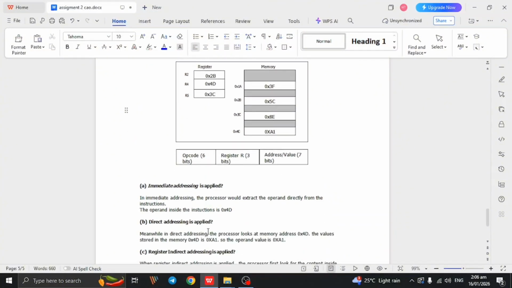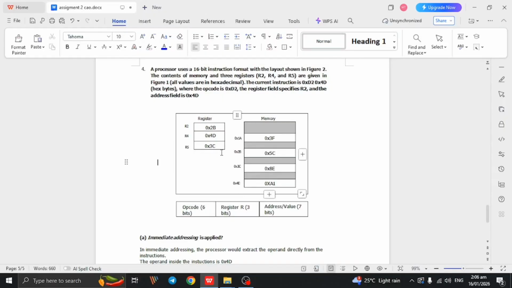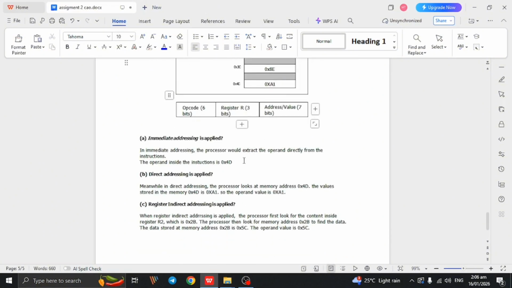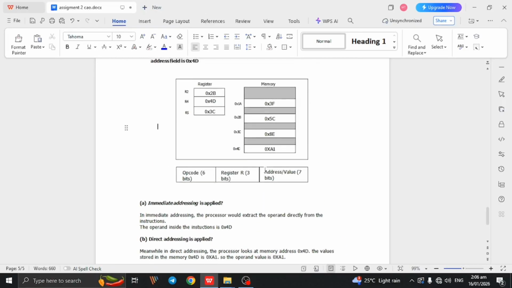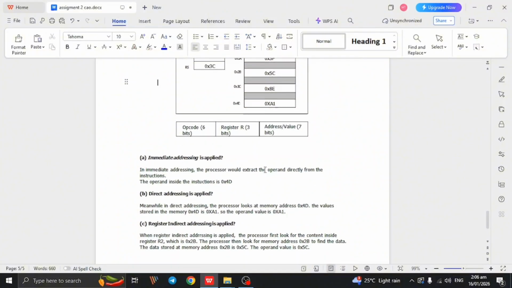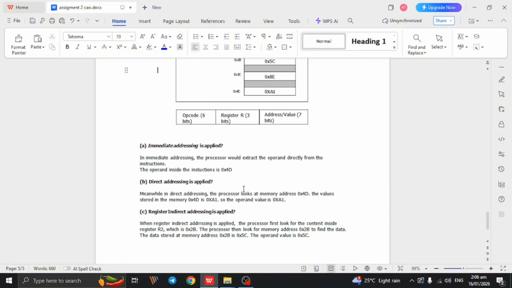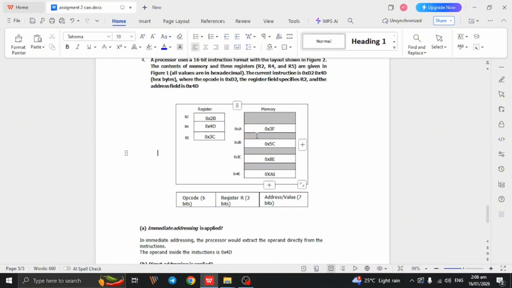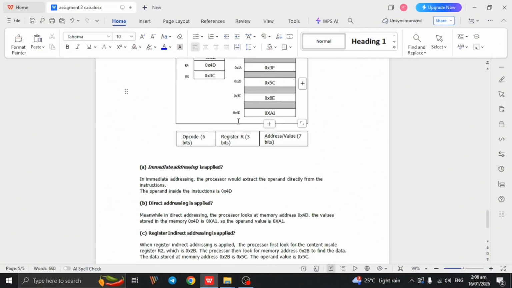The processor would first look at the memory with the address 0x4D, and the operand value is the value that the memory address is pointing at.